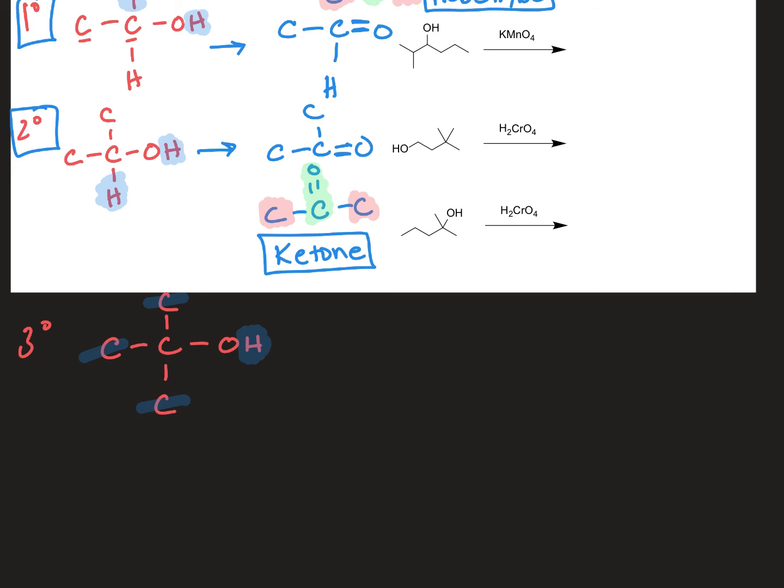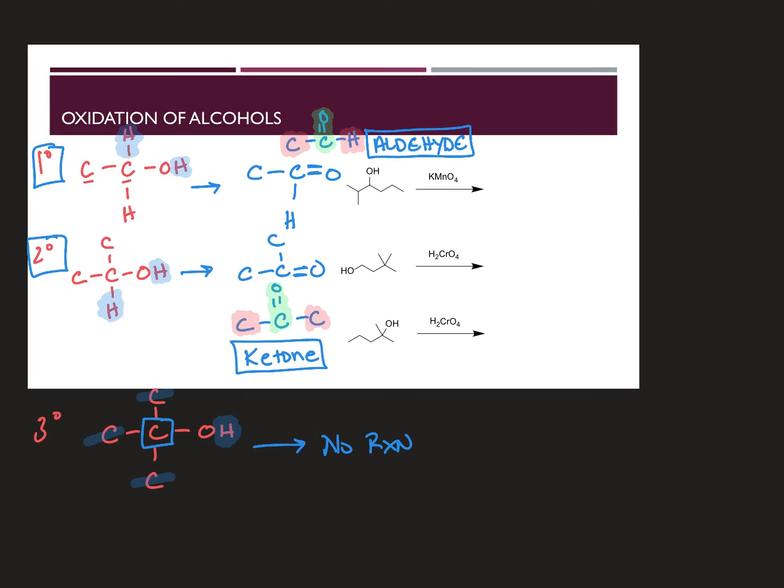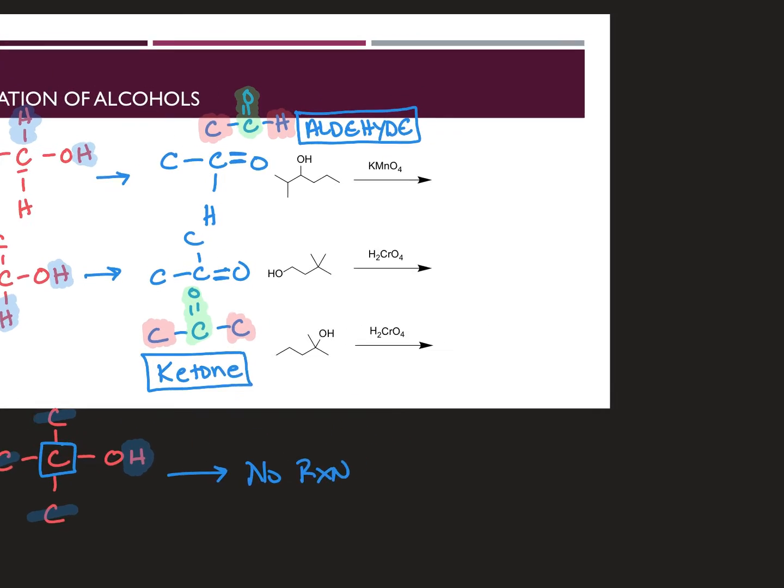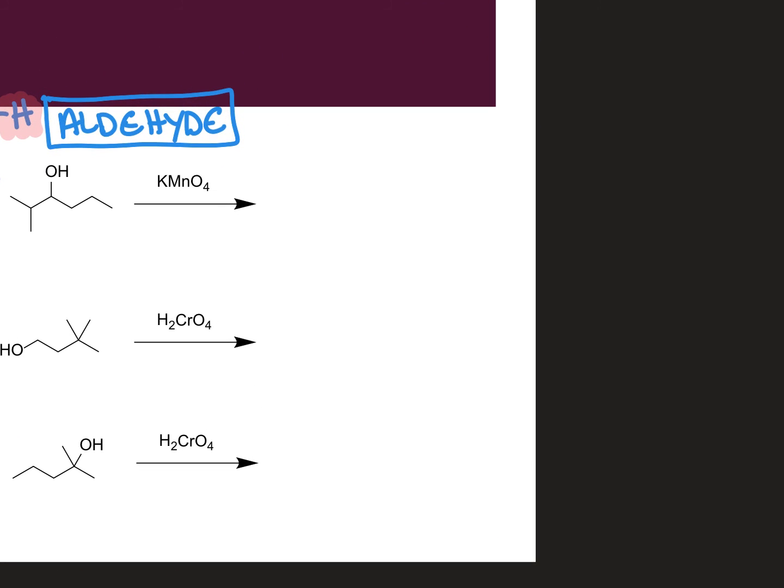So with a tertiary alcohol, and if we try to do oxidation, there's no reaction. And that is because the carbon that the hydroxyl is attached to has no hydrogens that can also be removed. So in summary, primary alcohols become aldehydes. Secondary alcohols become ketones. Tertiary alcohols are no reaction. Here are some specific examples.